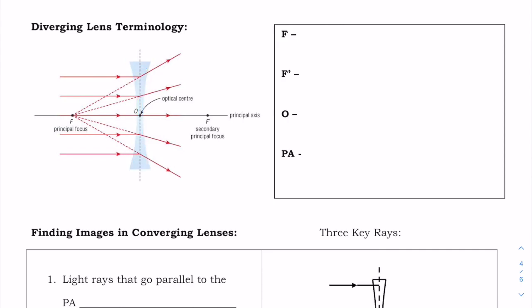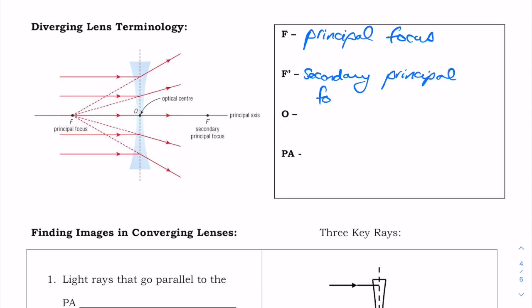Okay, so let's define all of the points now. It's pretty much exactly the same as before. F is still our principal focus. F prime is the secondary principal focus. O is our optical center.